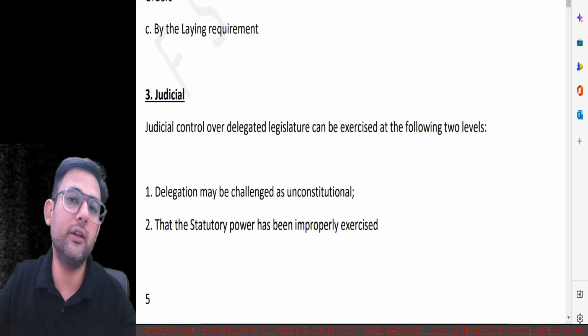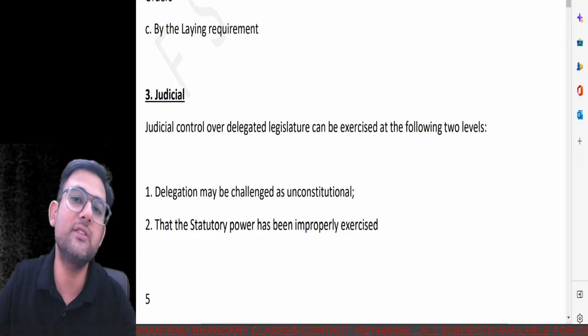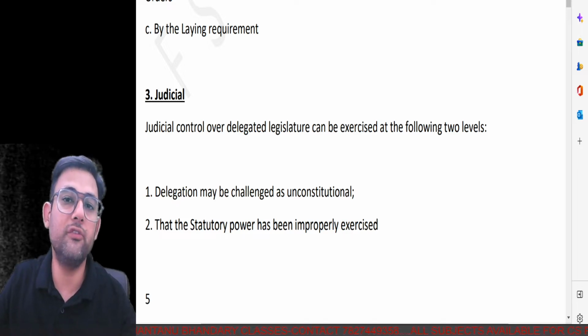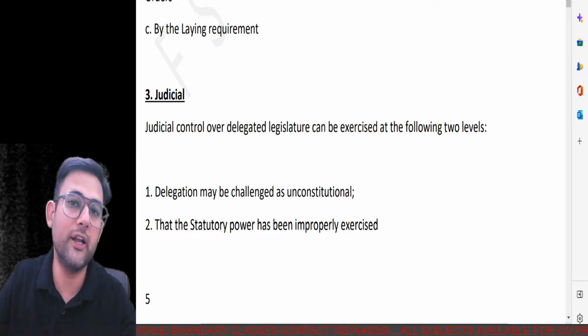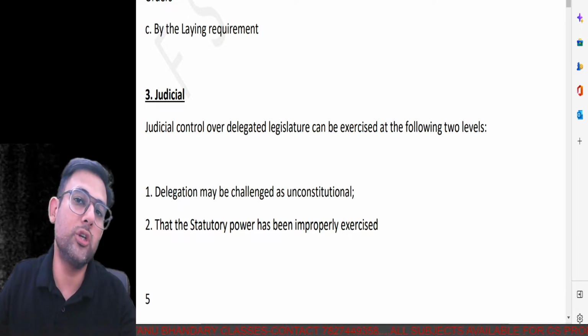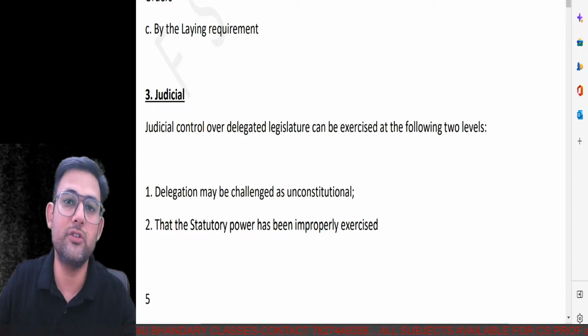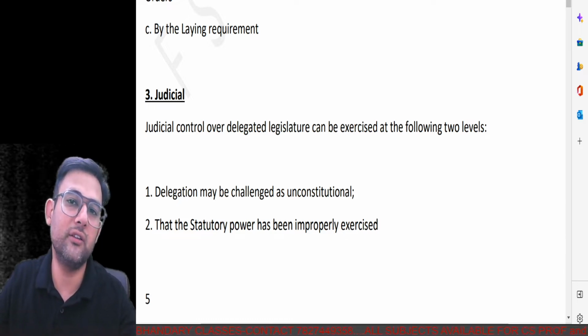They kept on hearing the matters, but finally the government itself rolled back the law. The judiciary definitely has the power to intervene and roll back a law that has already been passed by the parliament. But the judiciary will not intervene unless it is the only option left. So the judiciary does have the power, but it will not try to interfere with the legislative and the executive side.